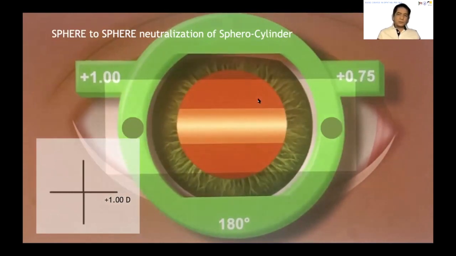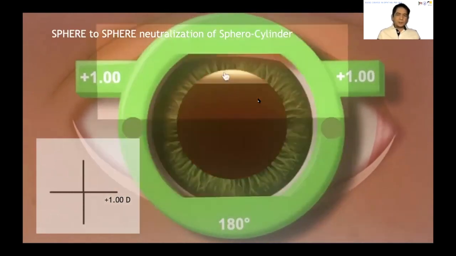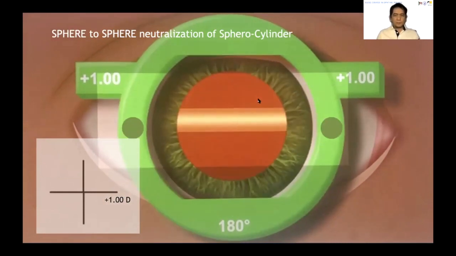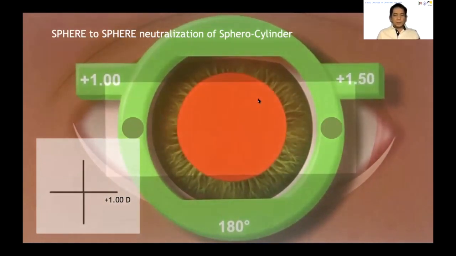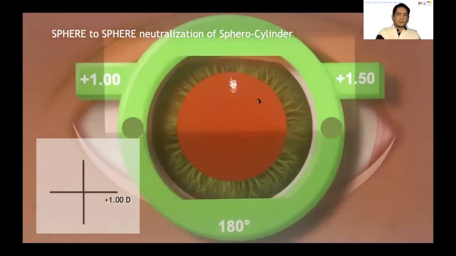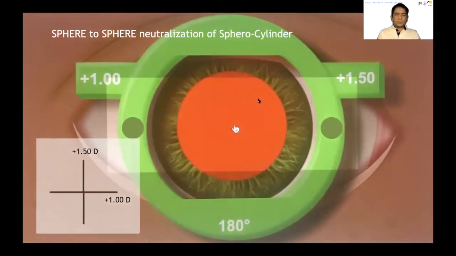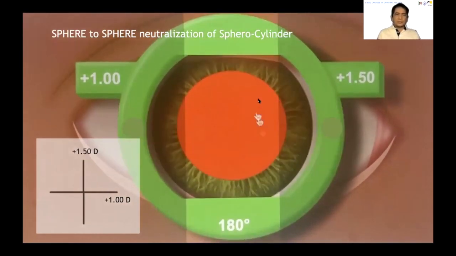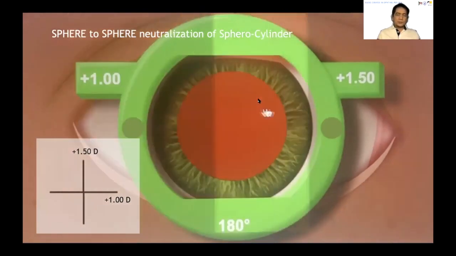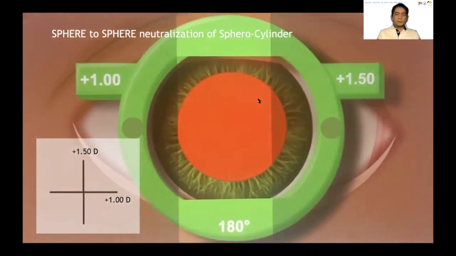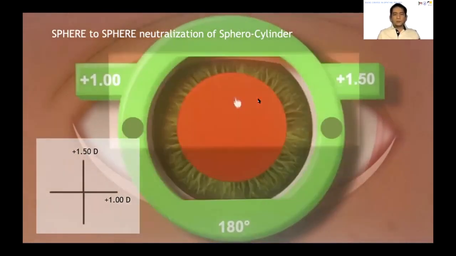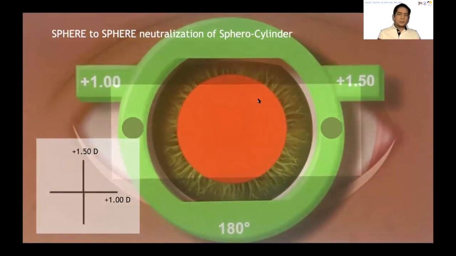Since it's a with motion, we are neutralizing with increasing plus lenses. With plus 1.50, it's already neutral. So you put your plus 1.50 over the vertical line of your power cross, and then check again both meridians, the two principal meridians. Both were neutralized already.